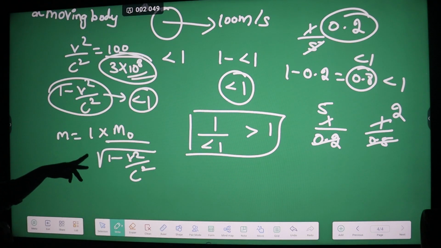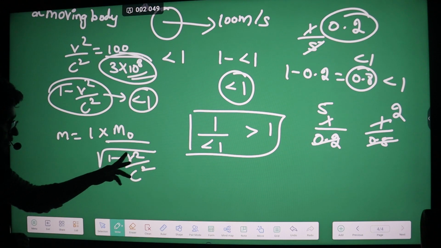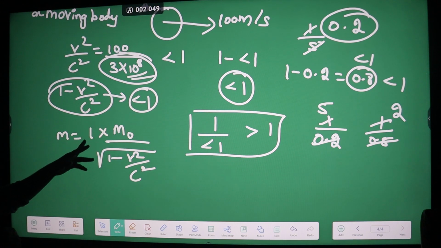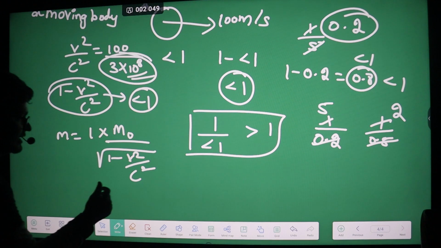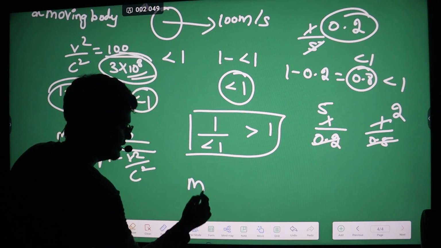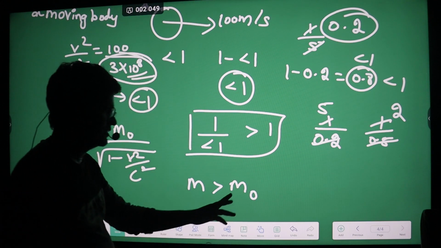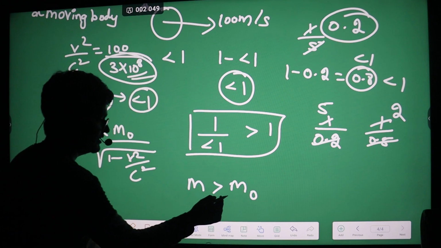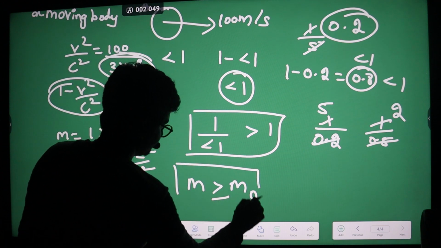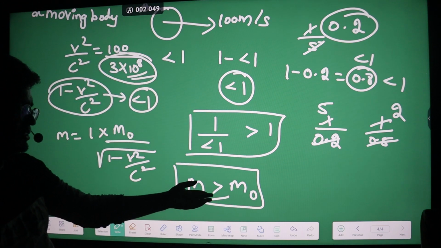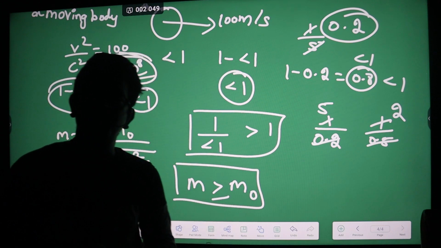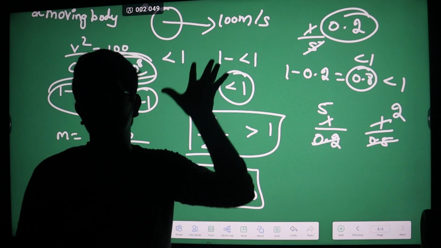Therefore, instead of writing 1 upon lesser than 1, as 1 minus v square upon c square is lesser than 1, I can write m is greater than 1 into m naught, that is m naught. So m is greater than or equal to m naught, you can say, when the mass of a moving body is equal to the mass of the object at the rest state.